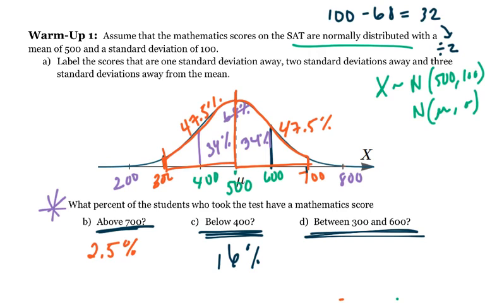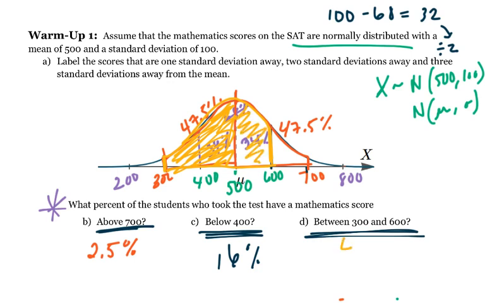So the reason why this is helpful is because if I'm looking at the scores that I'm going to highlight, let's do it in yellow, the scores between 300 and 600, I want to add together my pieces. So this piece right here is 47.5% of the data, and this piece right here was 34%.